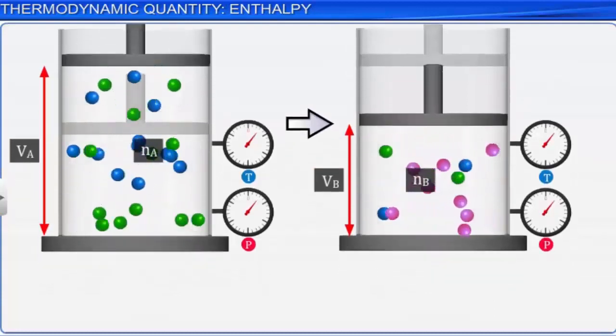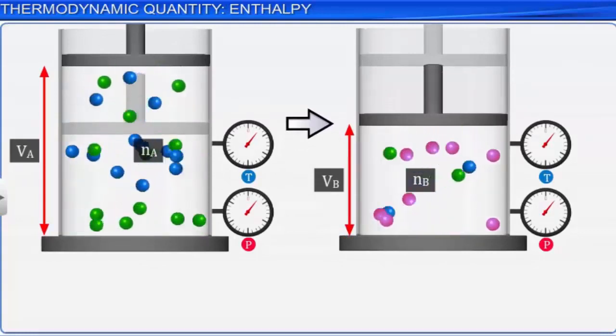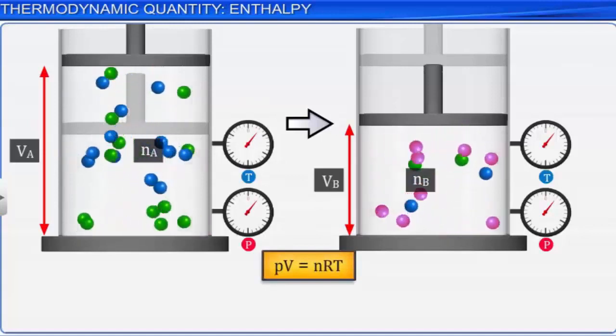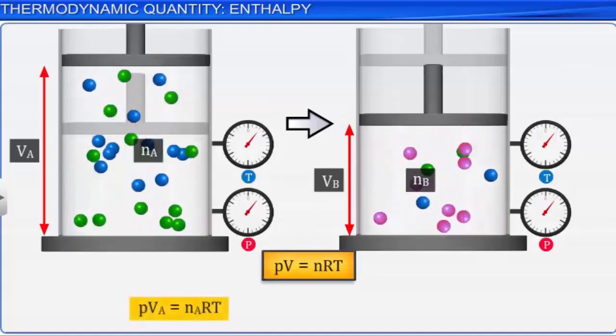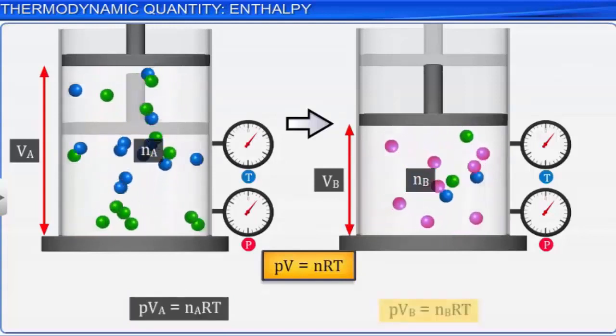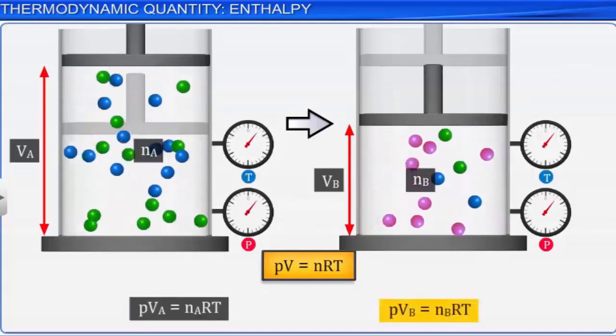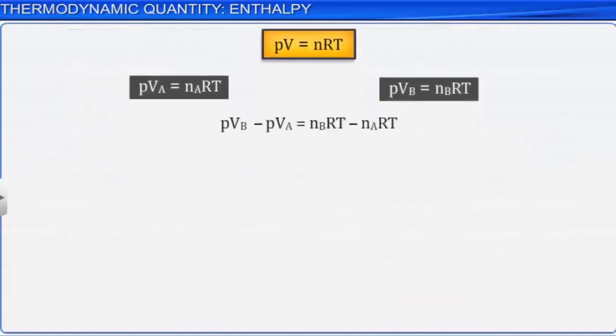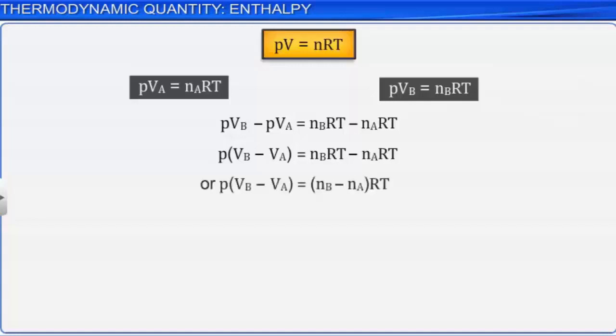We know that according to the ideal gas equation, PV equals nRT. Thus, for the reactants, PV_A equals n_A RT, and for the products, PV_B equals n_B RT. Thus, PV_B minus PV_A equals n_B RT minus n_A RT, or P(V_B minus V_A) is equal to (n_B minus n_A)RT.